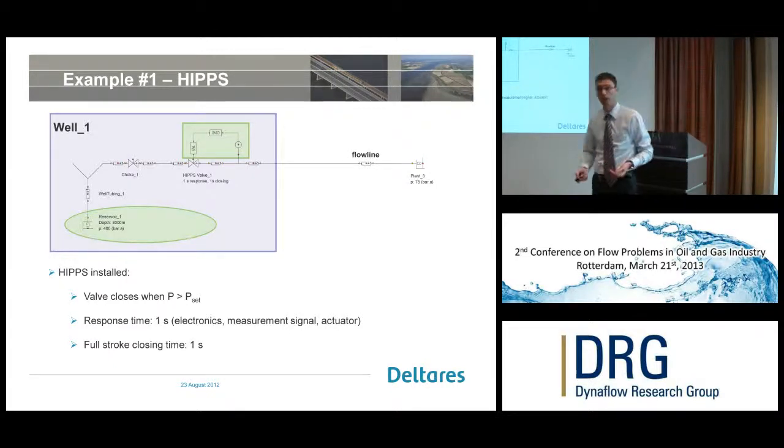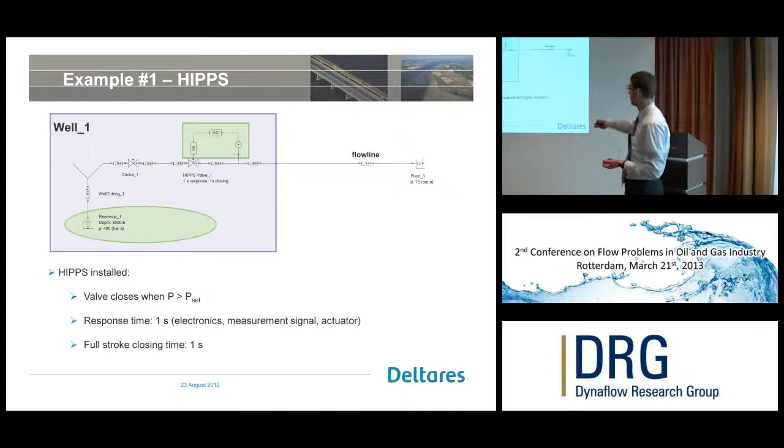Now, what is fast? Well, a valve of this size, which you normally see, if you can make it close in 1 second, that's extremely fast. But then you also need time, because this sensor needs to measure the pressure correctly, and you've got the measurement signals that go through your system, logics, and also the actuator, for example, needs to be pressurized.